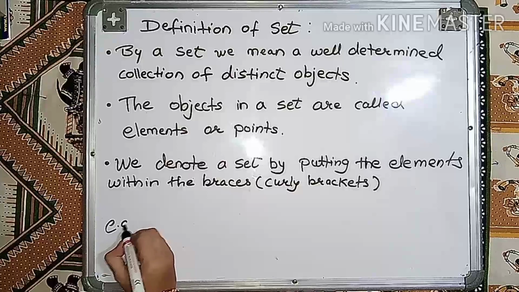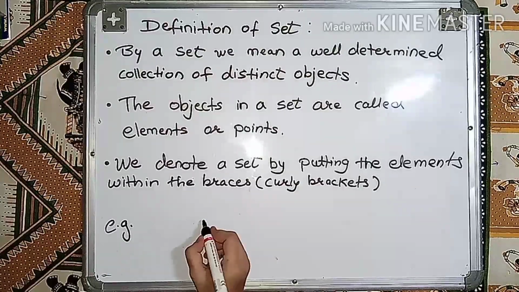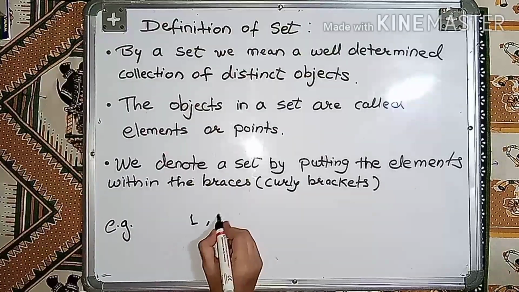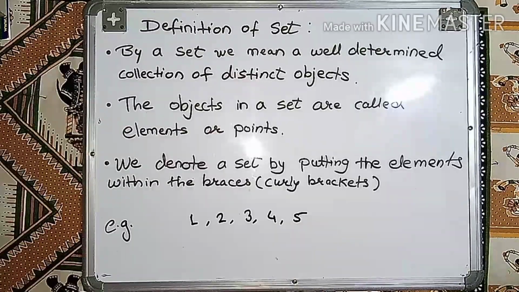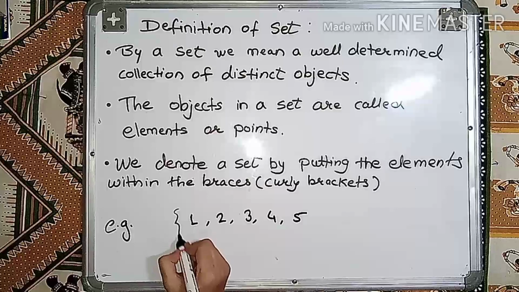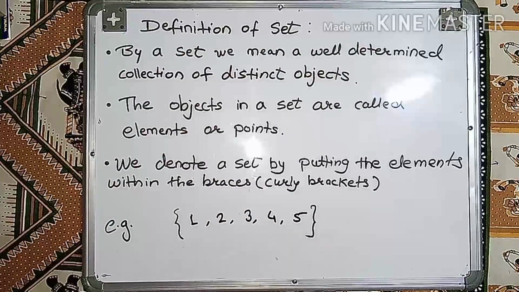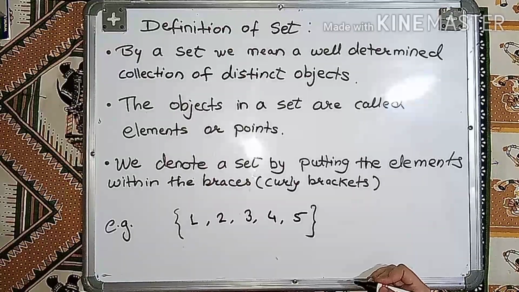For example, consider 5 objects 1, 2, 3, 4 and 5. Put them in curly braces. Now, this is the set of distinct objects and 1, 2, 3, 4 and 5 are elements or points in a set.